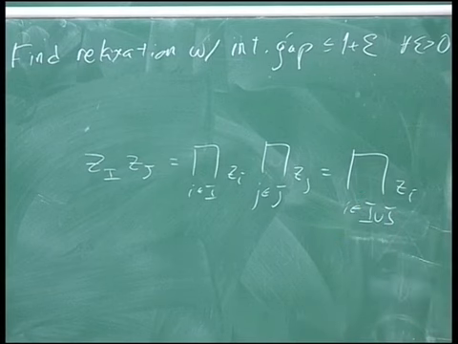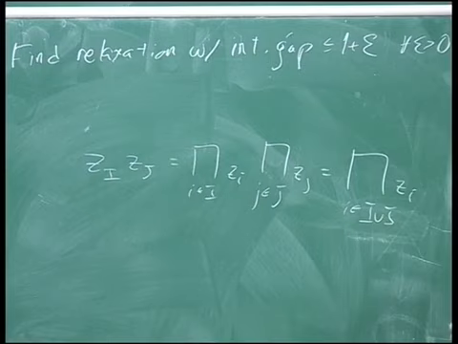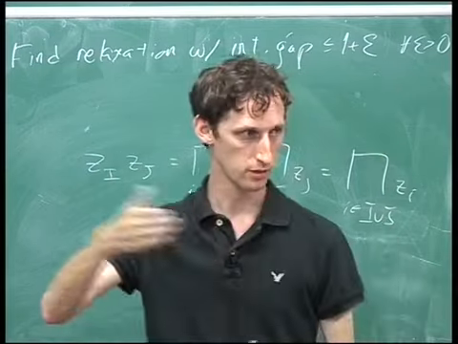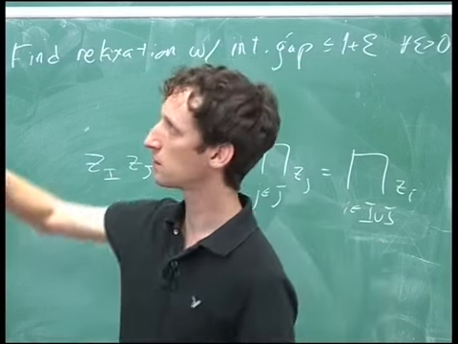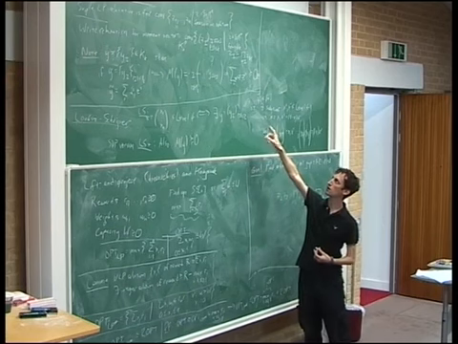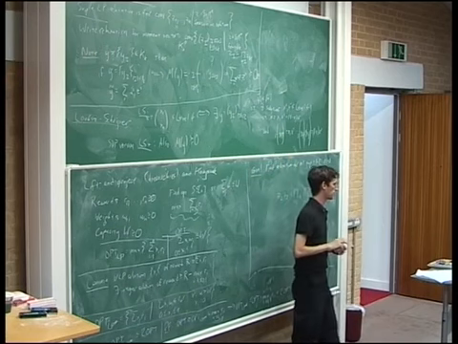But for k equal 1, it's definitely not true. Or for k equals 0, it would definitely not be true. We're assuming that z is defined for all sets up to size k.